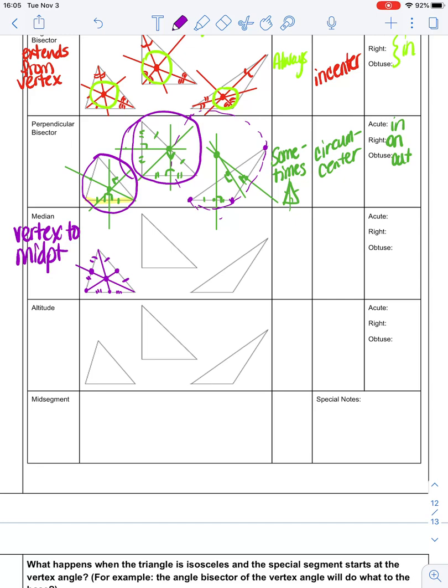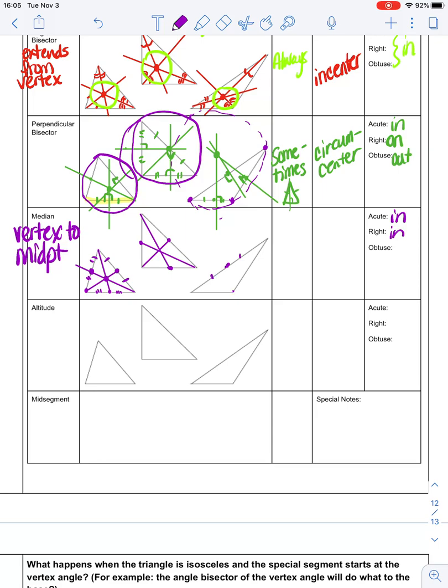Notice that they all intersect. So if I find the midpoint of each of these sides and connect the vertex to the opposite side, notice that they all intersect. So for an acute triangle, they intersect inside. The point of concurrency is inside for a right triangle. What about an obtuse triangle?